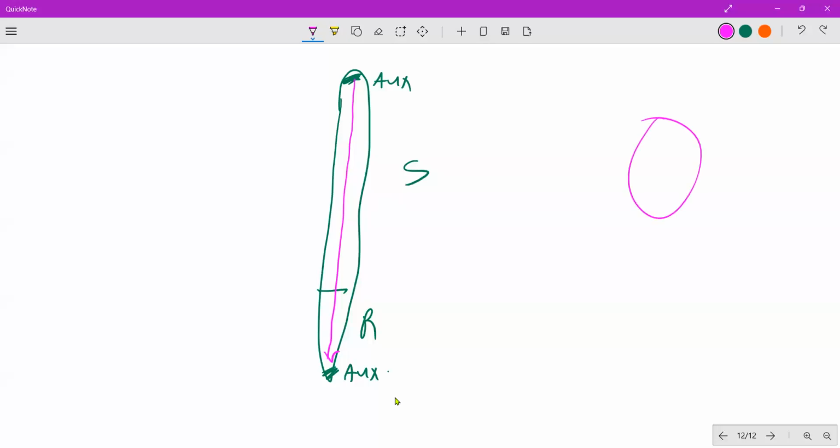Okay, let me tell you. This auxin which is produced in shoots and goes to the roots, this extra auxin is very important for gravitropism, or sometimes we call it geotropism.